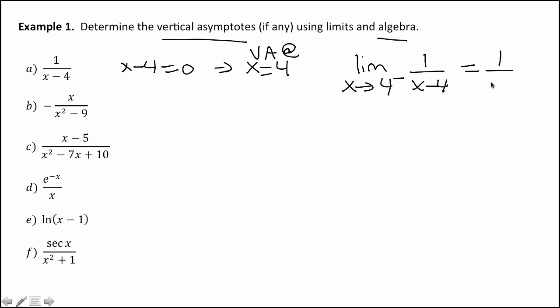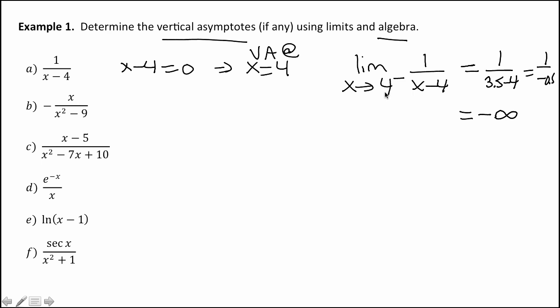If we plug in 3.5, for example, we're going to get a negative number, negative 0.5. And that means that our answer is going to be negative. Now, negative what? Well, remember that this is a vertical asymptote, so it's going to blow up. So it's either going to be positive infinity or negative infinity. Since we know what sign it belongs to, we can just put infinity here and know that we're approaching negative infinity.